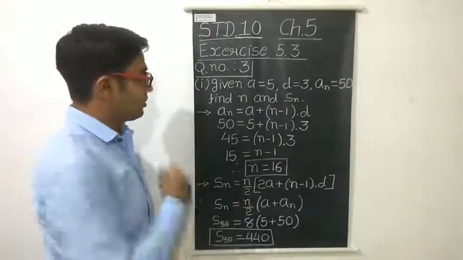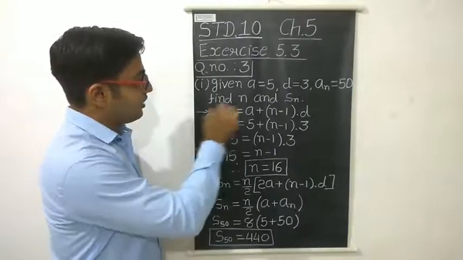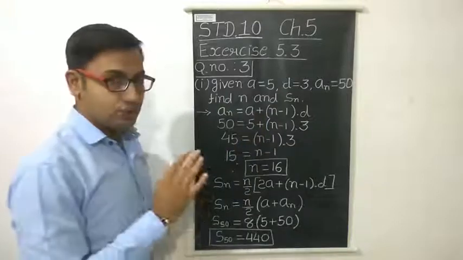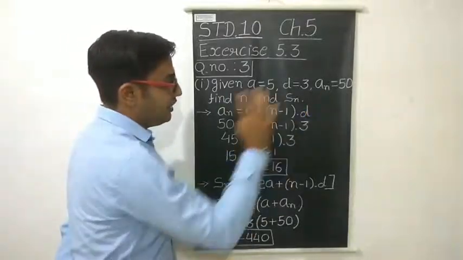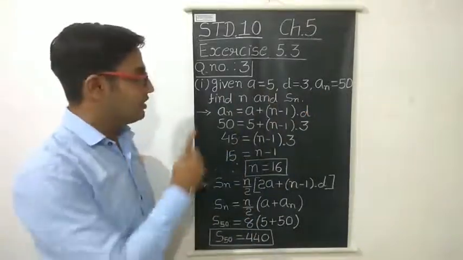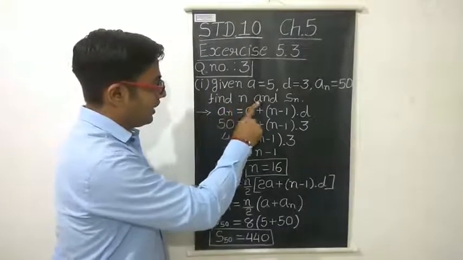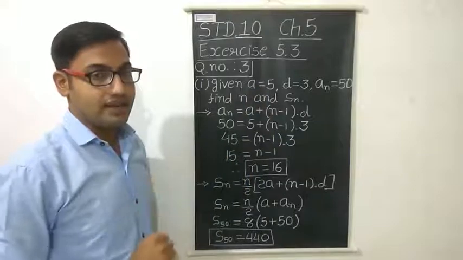In the first question we are given a = 5, d = 3, an = 50. These three things are given. We have to find the value of n and Sn.